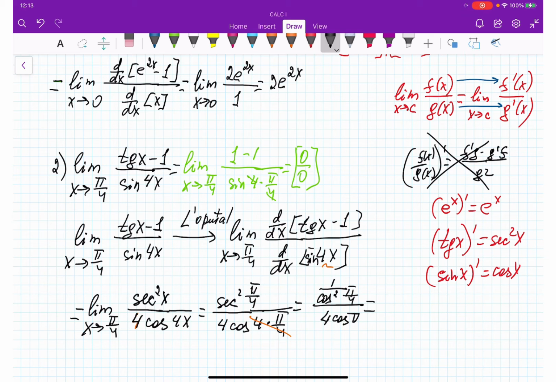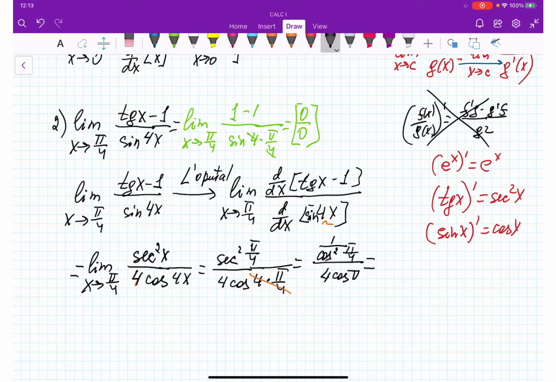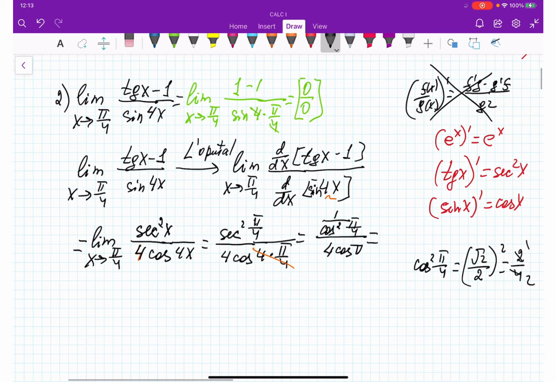Okay, cosine squared pi over 4, let's calculate. Cosine pi over 4 is square root 2 over 2, right? Because 45 degrees, squared. That is going to be 2 over 4, which is going to be 1/2. Yes?